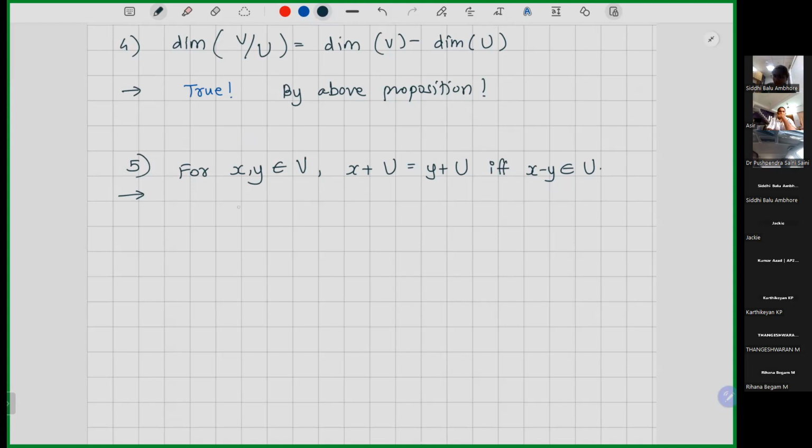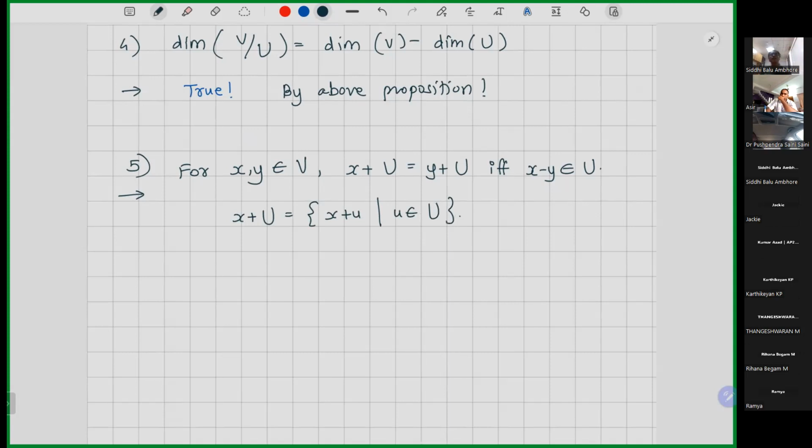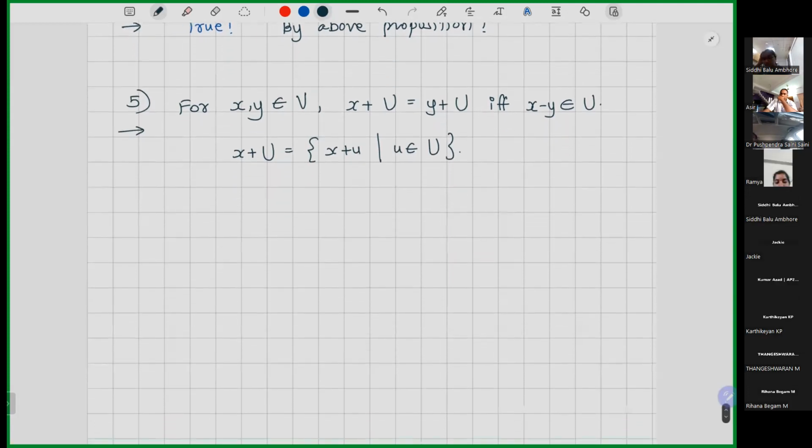So x plus U is the set of x plus u such that u in U. So it is actually a set which is represented like this. Okay, and they are saying that these two sets are equal if and only if x minus y is in U. And what is your guess now?